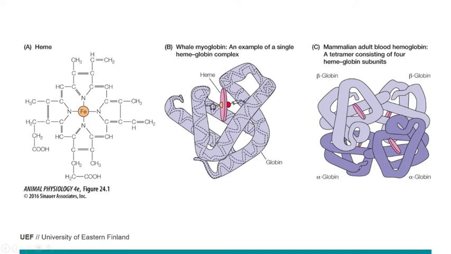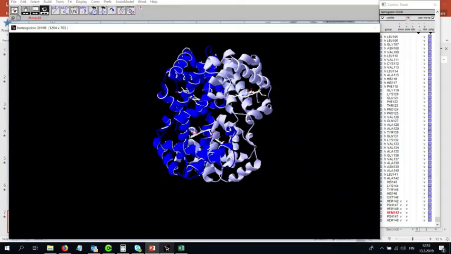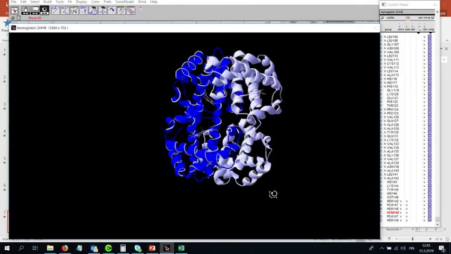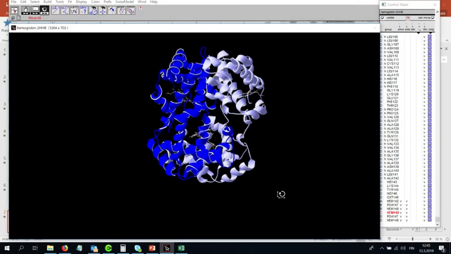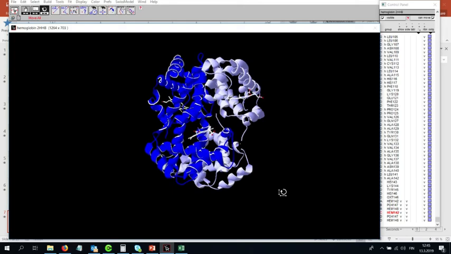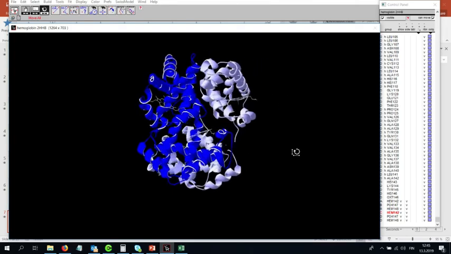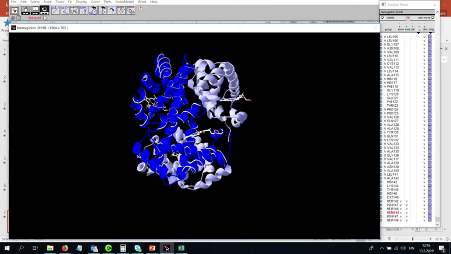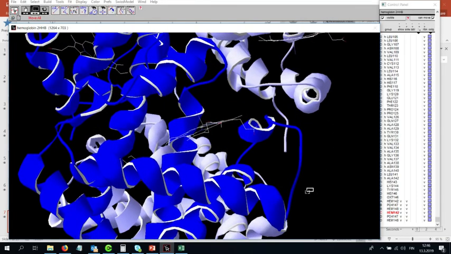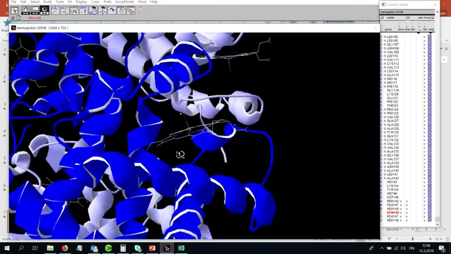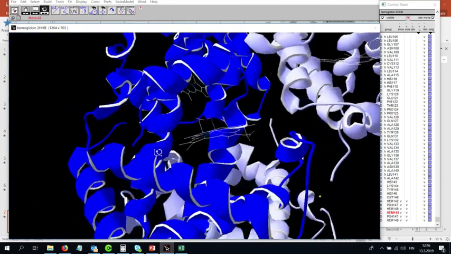And we can see it a little bit more carefully in the atom structure. Over here with two different blues, we have the alpha globin and beta globin, and there is a groove on each, so there is a binding site or pocket for this heme molecule.